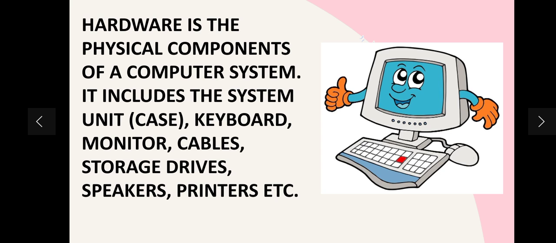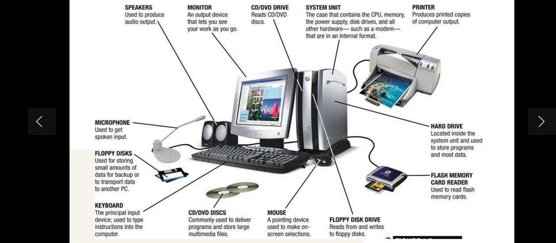Examples include the system unit, the keyboard, the monitor, the cables, storage devices, speakers, printers, etc. So let's look at each of the physical components of a computer system, that is the hardware.